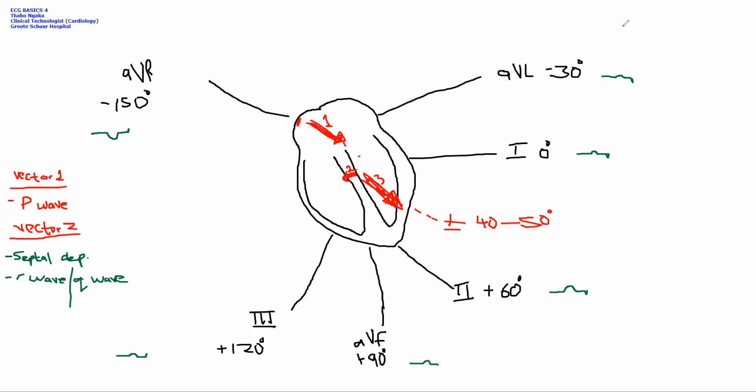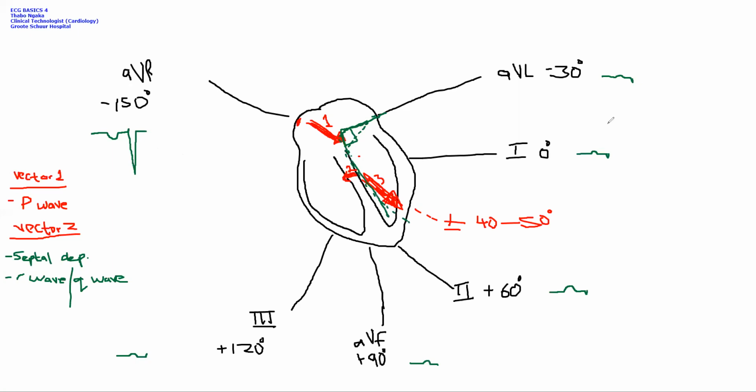So same thing applies. You can see that vector 3 is moving away from AVR. So AVR is always going to give you that negative deflection. And here in AVL, you can see that it's moving more at 90 degrees, at right angles to AVL.